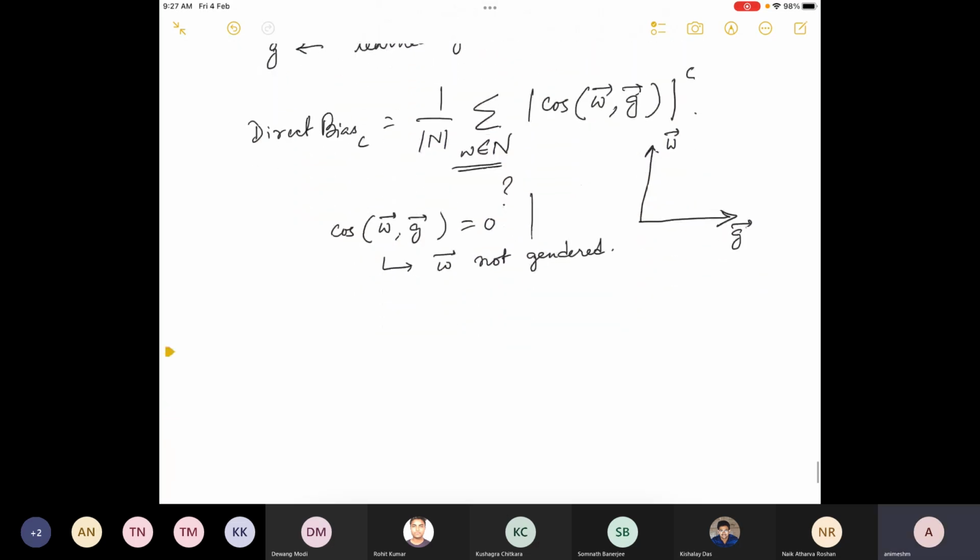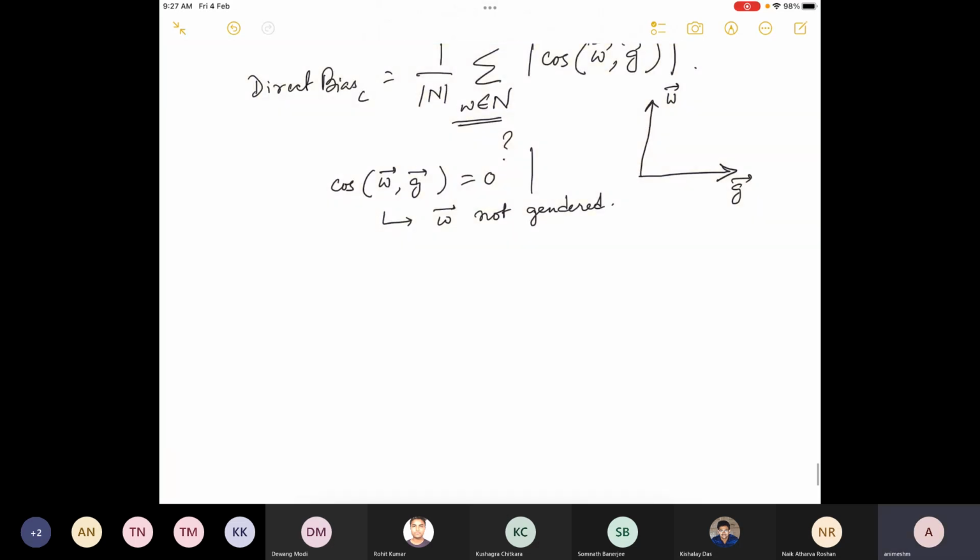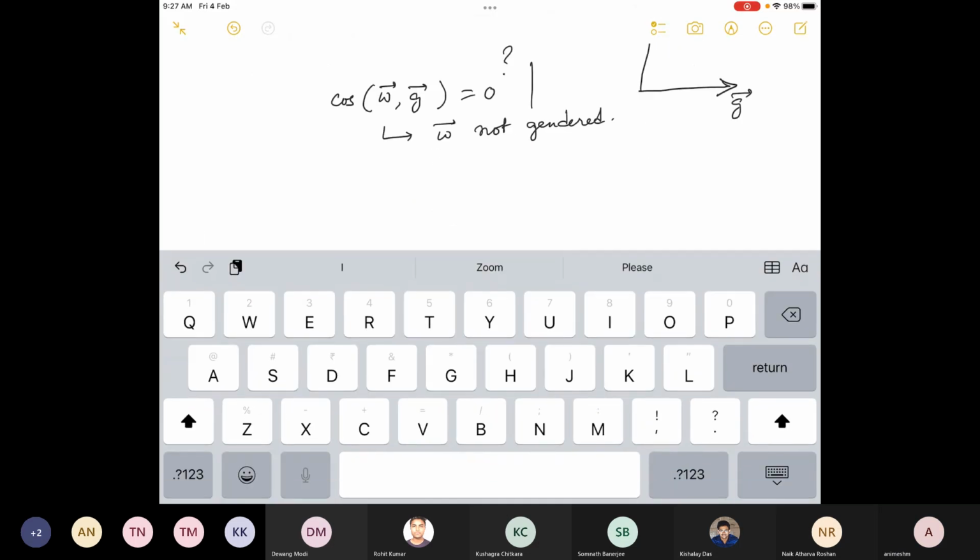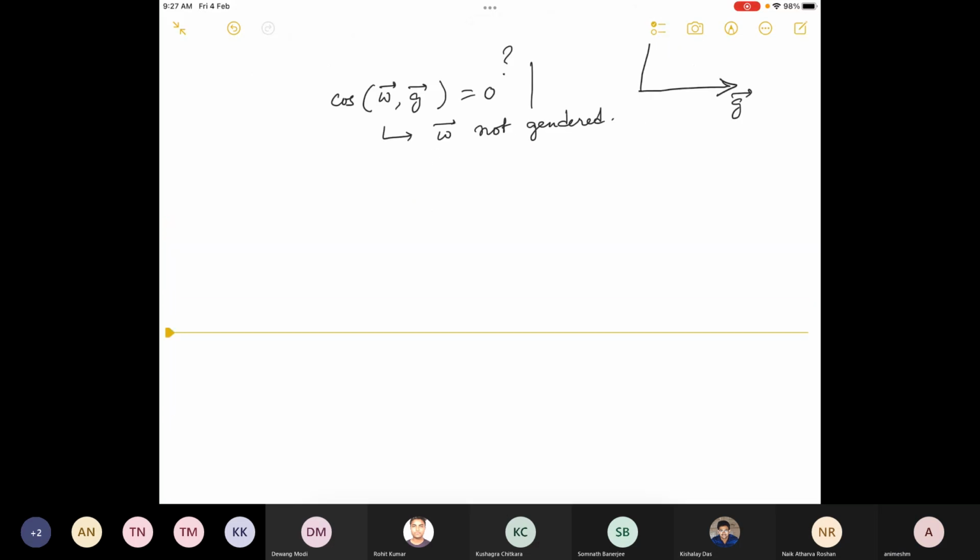Now, the other side of the coin. What would this mean?